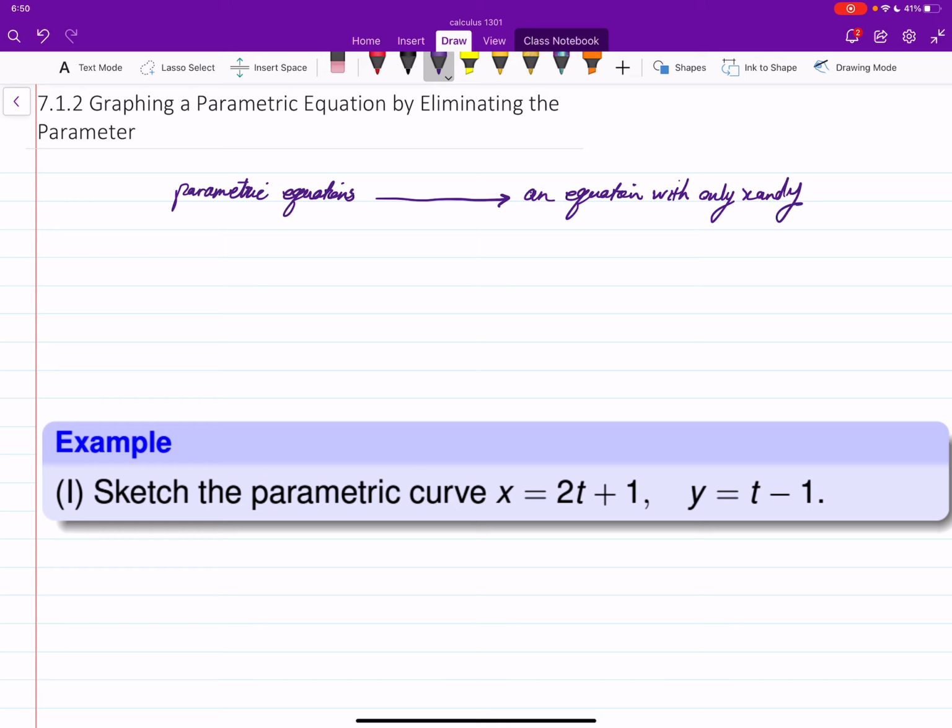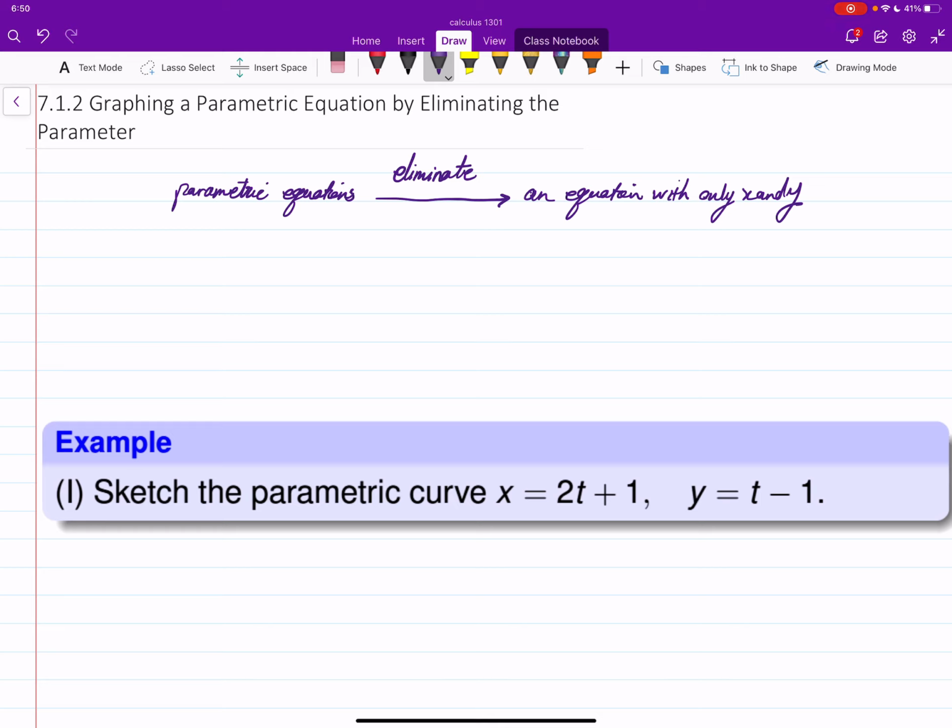In other words, we eliminate that third variable, which we call the parameter, and then hopefully our equation in y and x will be some form of y equal to a function of x or x equal to a function of y, and we have a lot of tools to sketch those kinds of graphs.